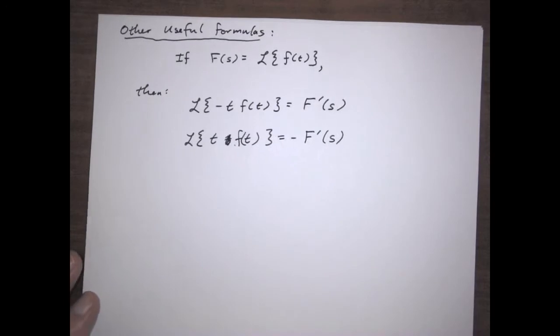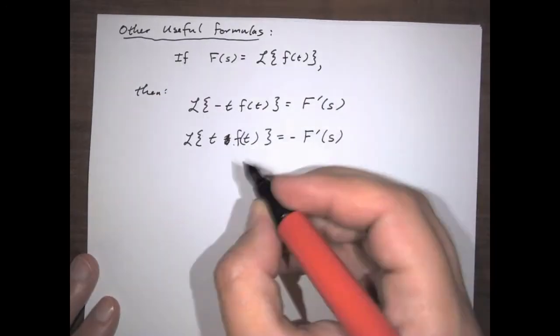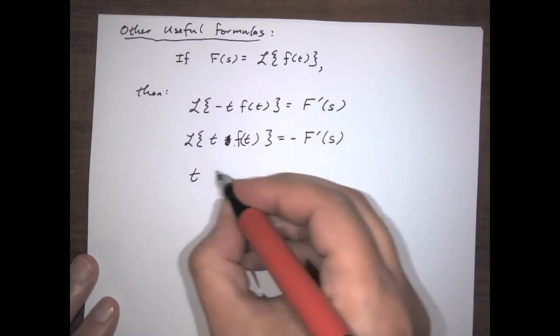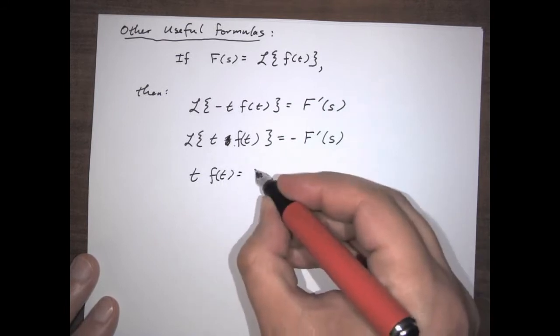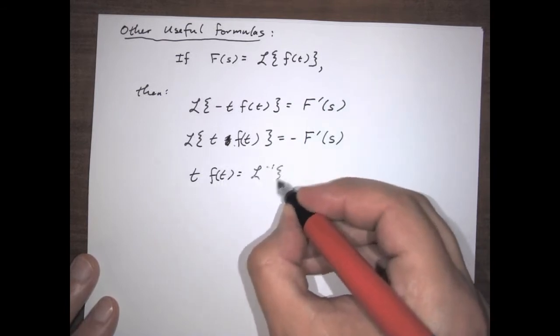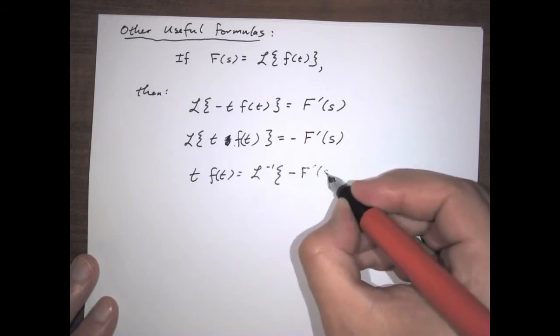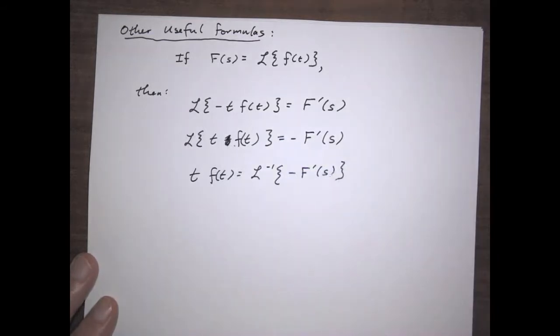And then by the same token, we can move the Laplace transform over, and we can say that t f(t) would be the inverse Laplace transform of negative F prime of s, and it's the derivative with respect to s in that case.